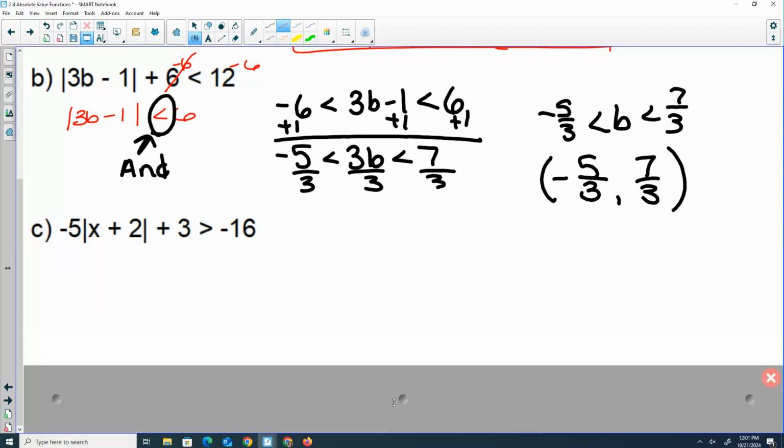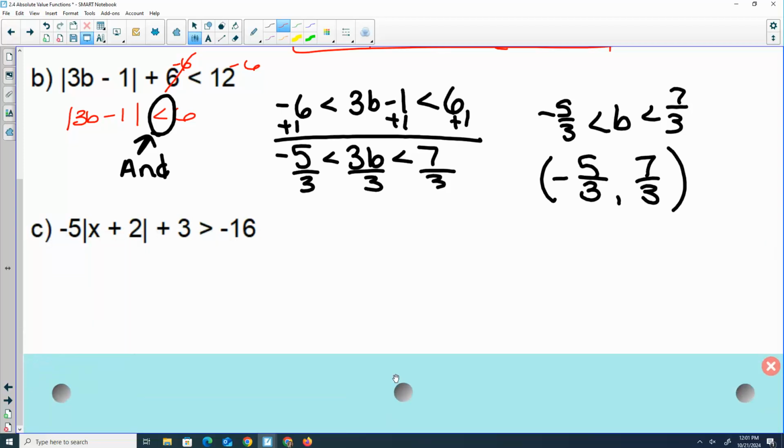But why don't you guys try this problem for me? Make sure when you decide if it's and or, it's not from your original. It's from the point when the absolute value is by itself. So what do you have to do first?